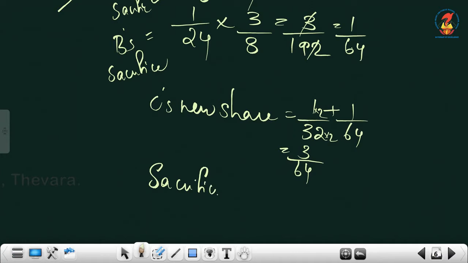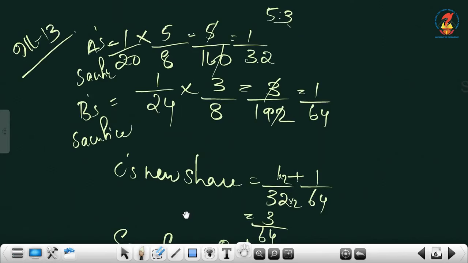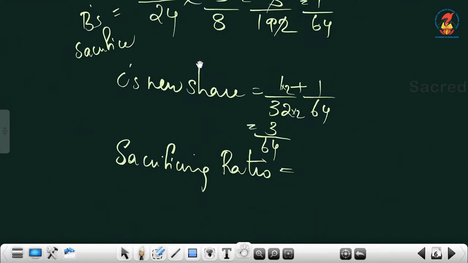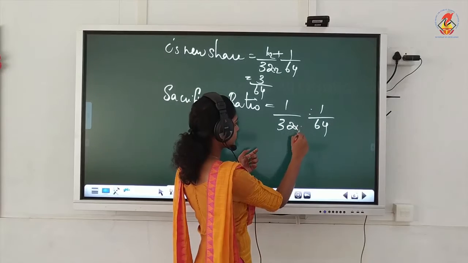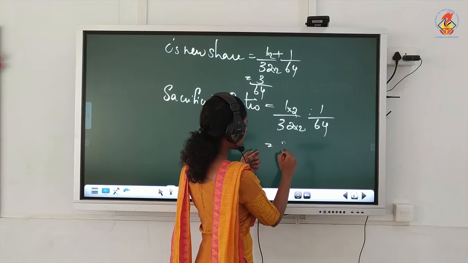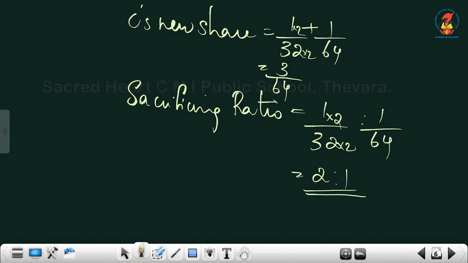We have two questions, that is to get the sacrificing ratio and to compute the new ratio. Sacrificing ratio is 1/32 and 1/64. We have to make the base as same. This is the sacrificing proportions, make the base as same. So sacrificing ratio will be 2:1. So we got the sacrificing ratio.